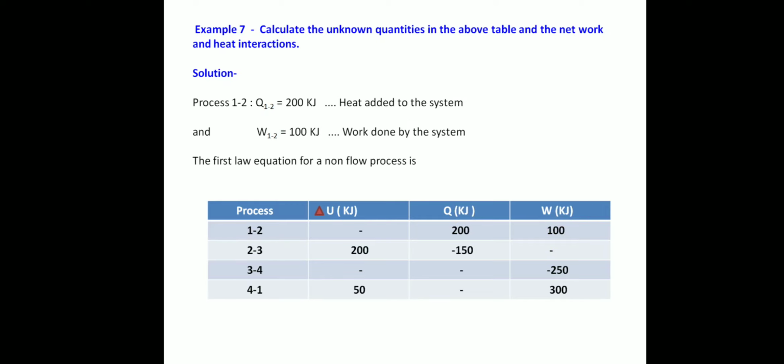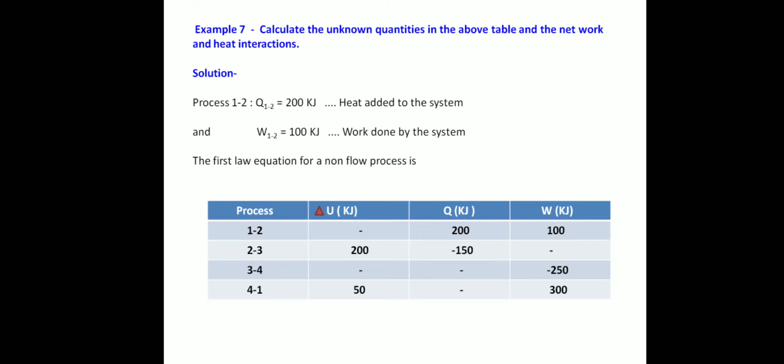In the similar way, we have to calculate W for the 2-3 process, then delta U and Q for the 3-4 process, and Q for the 4-1 process. So remaining values are given.